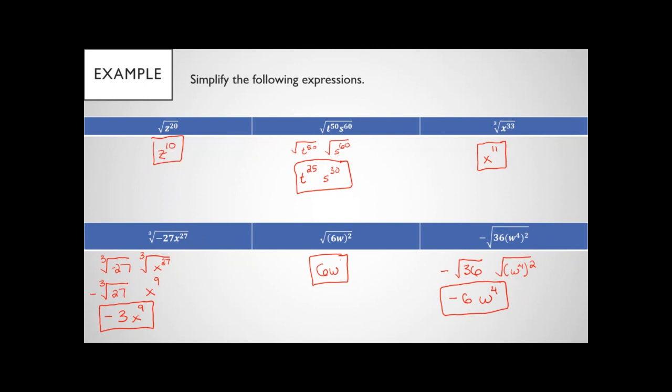Are there any questions? Yes. On the last question with the w to the fourth power squared, as long as they're both even, it can cancel the outer one out?